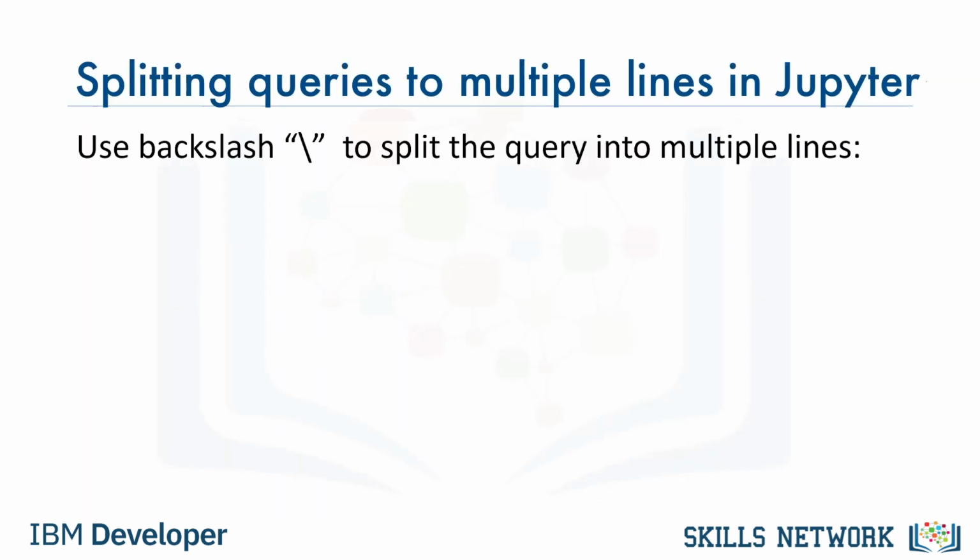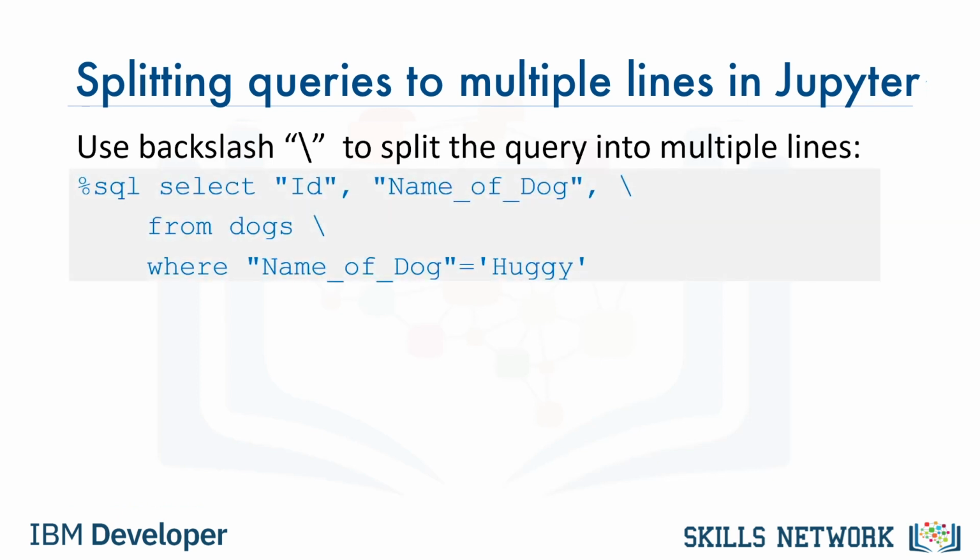If you have very long queries, such as join queries or nested queries, it may be useful to split the query into multiple lines for improved readability. In Python notebooks, you can use the backslash character to indicate continuation to the next row, as shown in this example. %SQL select ID name of dog backslash from dogs backslash where name of dog equals Huggy.